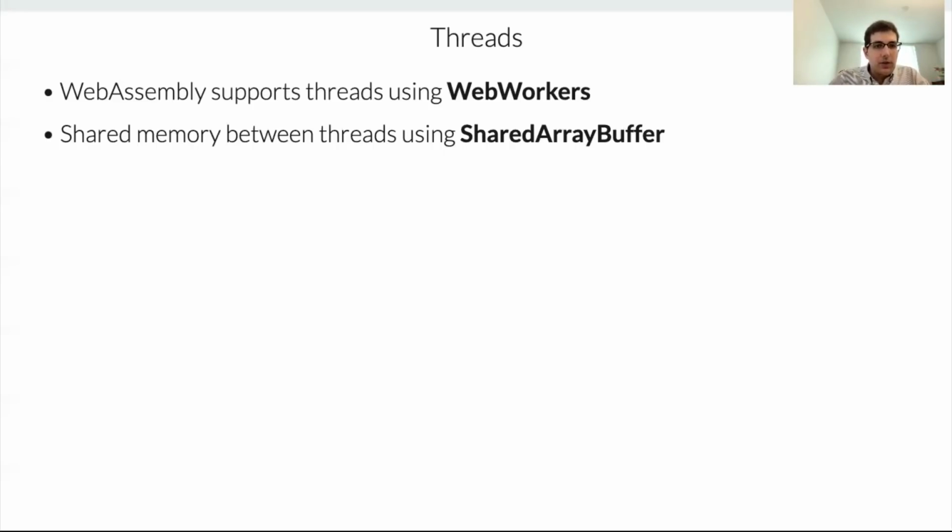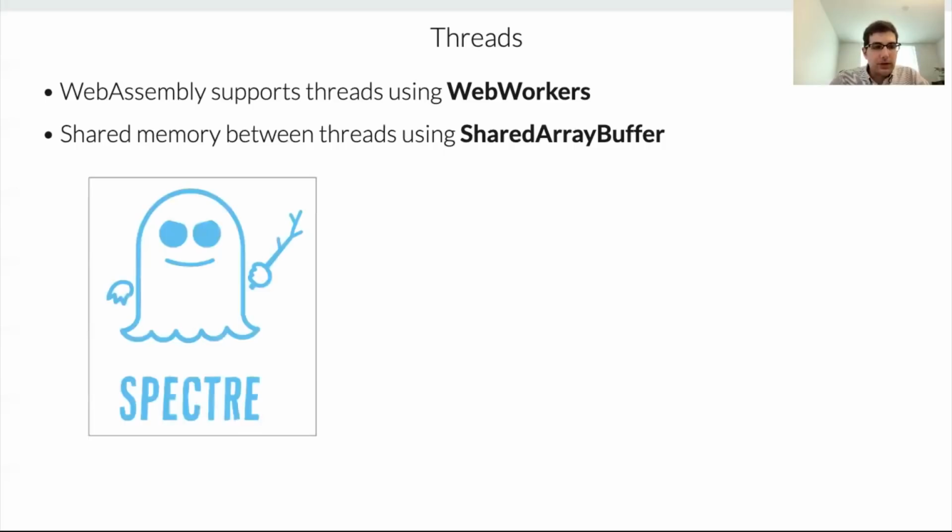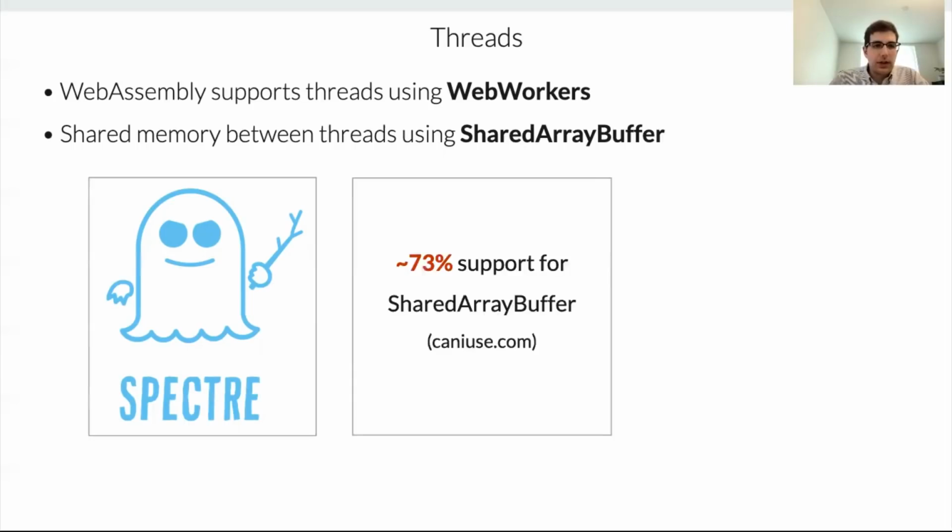However, with the Spectre malware that showed up around 2018, what happened was that browsers ended up turning off support for shared array buffer until relatively recently. And so, a few years later, we're still at about 70% of users running browsers that support shared array buffer.